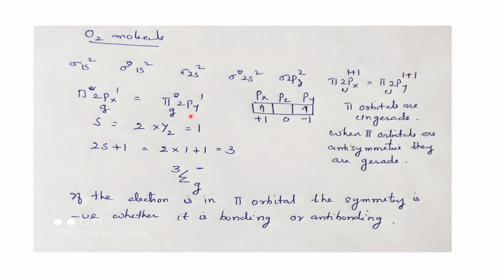Then you have to find out the symmetry, that is positive or negative. Since the last electron enters the pi star orbital, the symmetry is negative. So the term is, when lambda is equal to 0, the term is sigma, 3 sigma g minus.